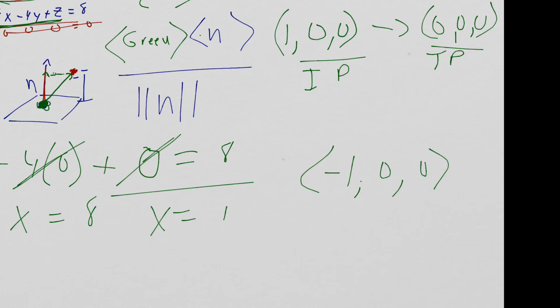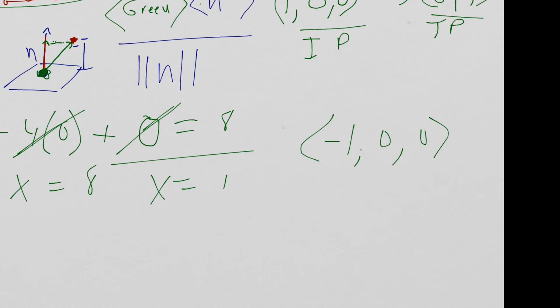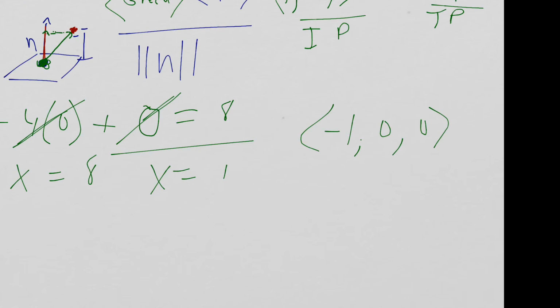So that's that vector, and then I want my normal vector, which is this one right here: 8, negative 4, 1.